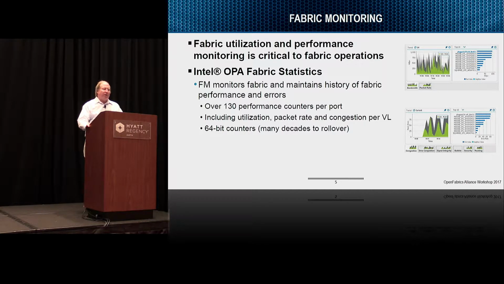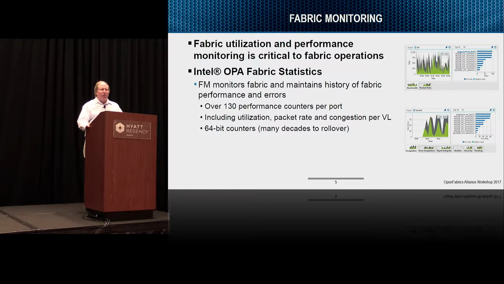And so at the heart of this is what you get out of the hardware. We did a very careful evaluation of what we would need to effectively monitor a fabric. And we ended up with over 130 performance counters that are available per port just to focus on monitoring the layer 2 fabric. So we've got information per virtual lane. We made sure that all the counters were 64 bits.